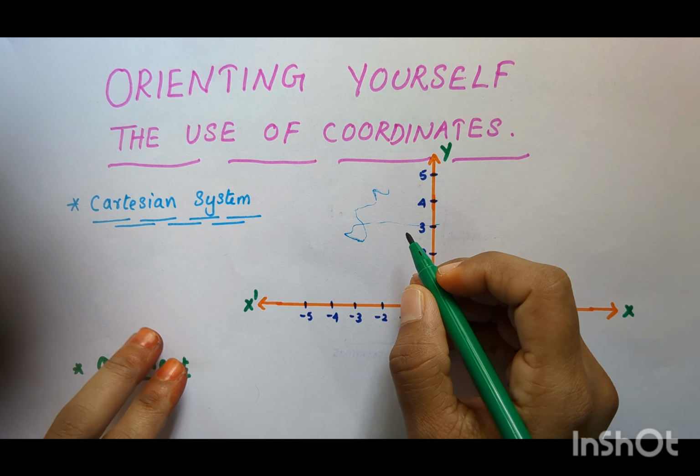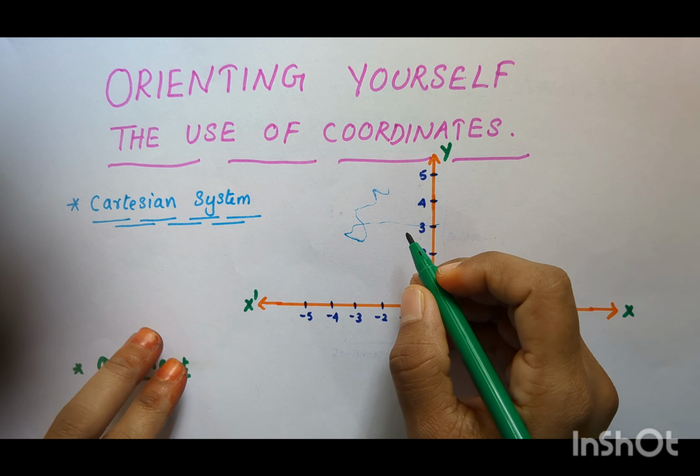Similarly, this distance is the perpendicular distance from the y-axis because it makes a 90-degree angle with the y-axis. So to locate a point in the xy plane, the perpendicular distances of this point from the x-axis and from the y-axis are required. These distances are called the coordinates of the point.